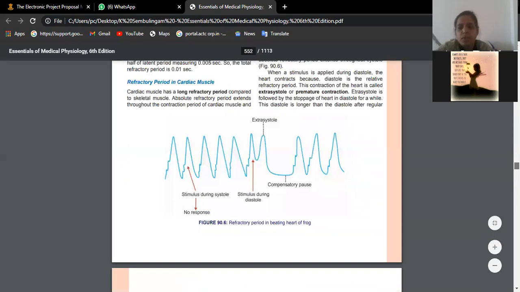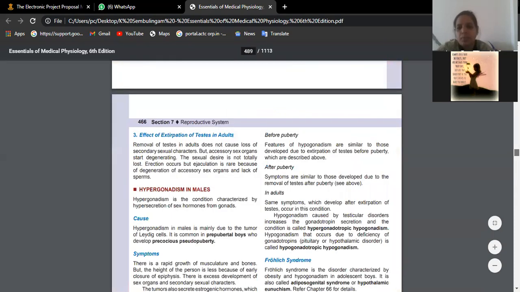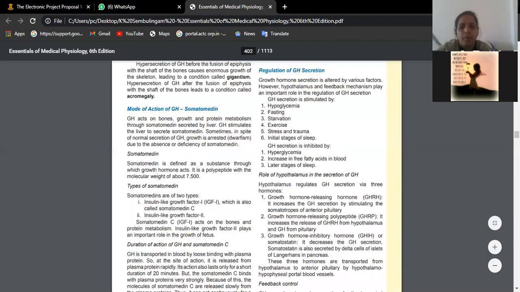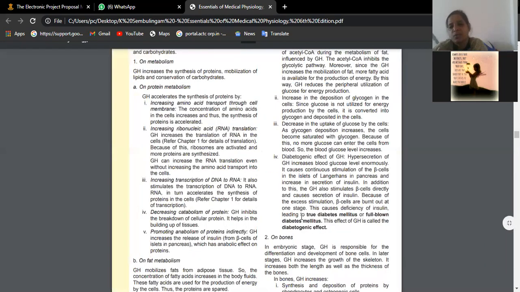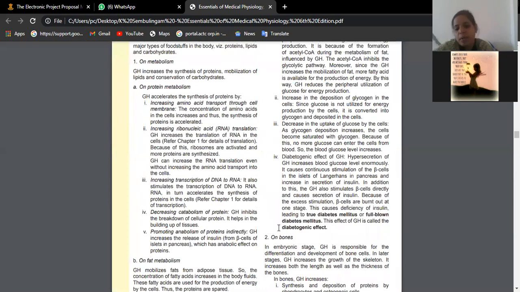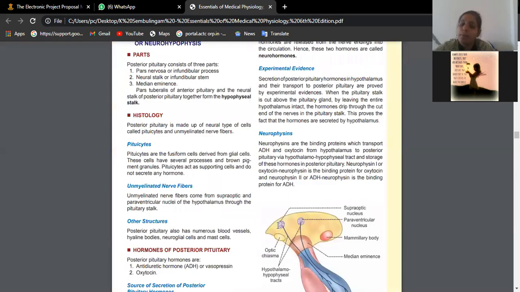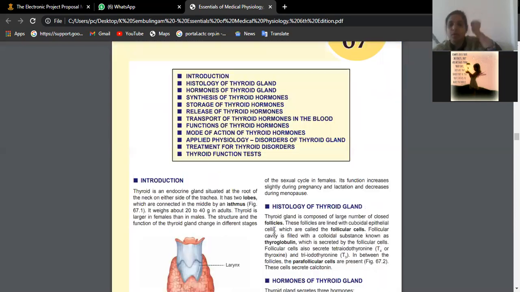Which hormones are responsible for the regulation of calcium in the blood? Calcitonin and parathormone. Very good. Now, if you just remember parathormone, yesterday when we were discussing functions of calcium, I told you calcium is also important for muscle contraction, isn't it?